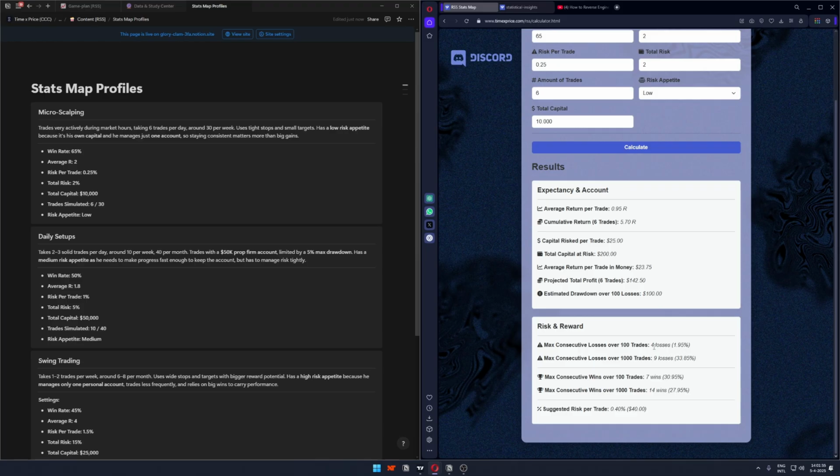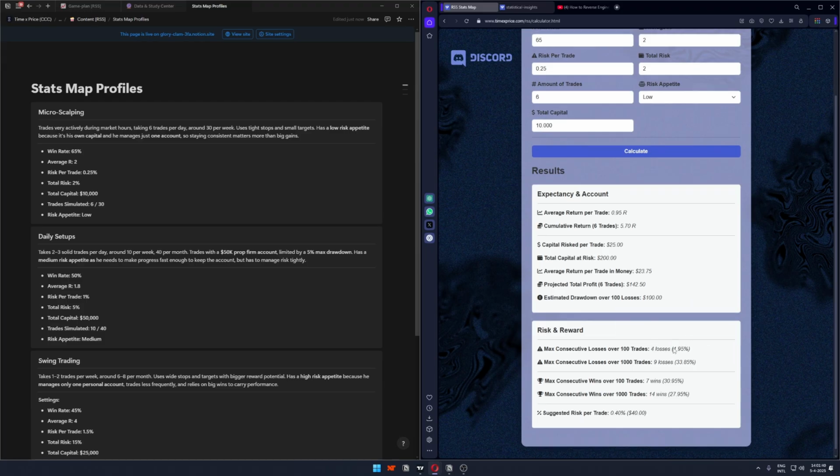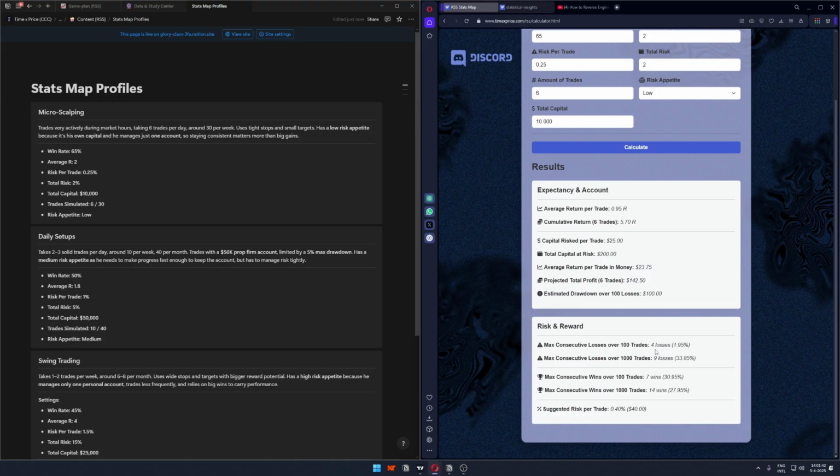I think if we had 3 losses here, it would be around 30% as well, but with this win rate, we'll have a lower chance of hitting so many losses in a row. This is the same for the max consecutive wins, but turned around. There is a high chance we will hit 7 wins, about 30% within 100 trades, and there is even a 30% rate that we will hit 14 wins in a row over 1,000 trades.